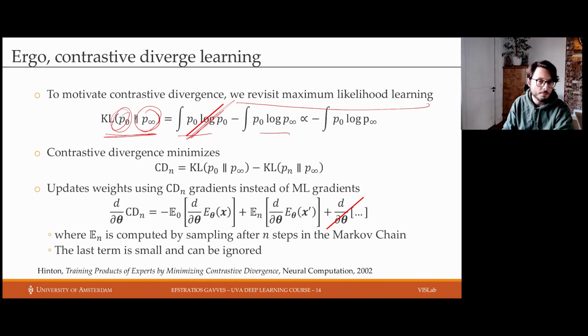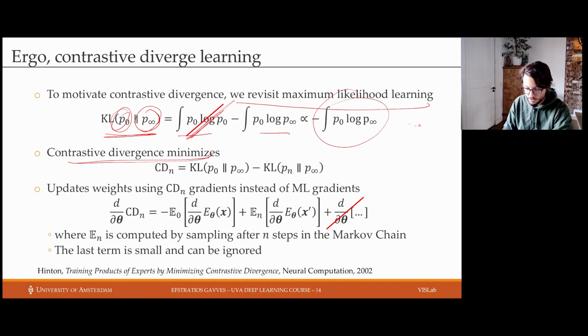The first term doesn't depend on our model parameters, so when we're optimizing, we can consider it constant, and because it's constant, it doesn't count for the optimization. So we end up only with the second term. This is what maximum likelihood does.